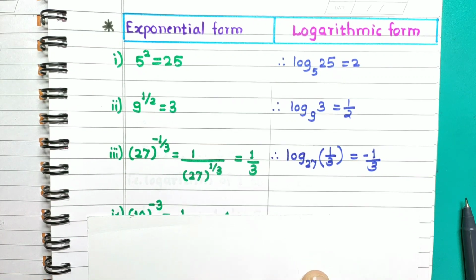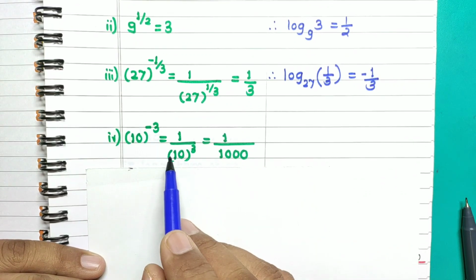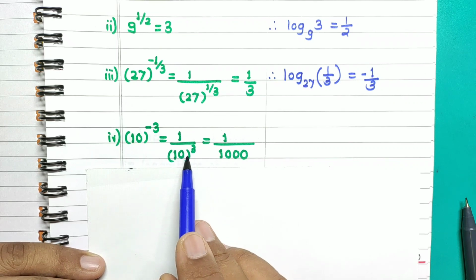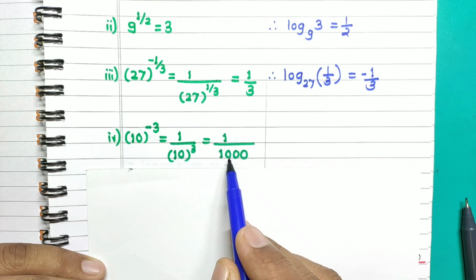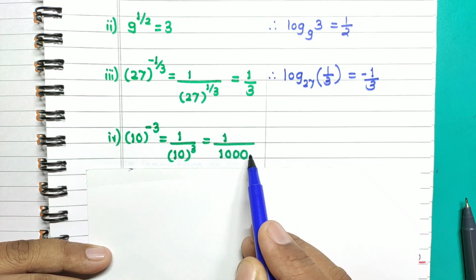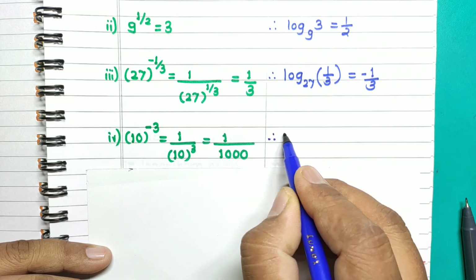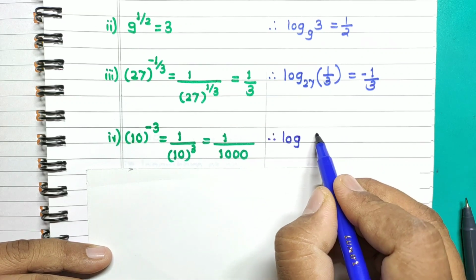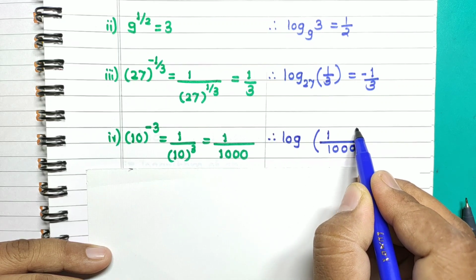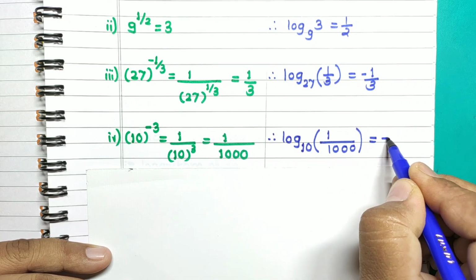Then next exponential form is 10 raised to minus 3. We can write it as 1 upon 10 raised to 3 by using rules of indices, which is equal to 1 upon 1000. So 10 raised to minus 3 is 1 upon 1000. Here the base is 10, so the logarithmic form is log of 1 upon 1000 to the base 10 is minus 3.